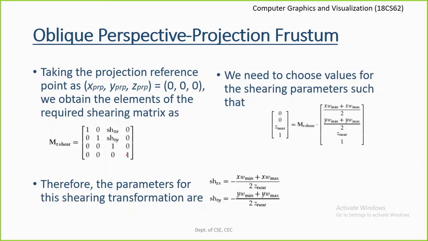What does the shearing transformation do? It basically stretches a given object in a particular direction. In this case, we are applying the shearing along the z-axis. So taking the projection reference point as the origin, we obtain the elements of the required shearing matrix as M z shear is given as 1 0 shearing factor along x-axis, sh zx, 0, 0 1 sh zy 0, 0 0 1 0 and 0 0 0 1.